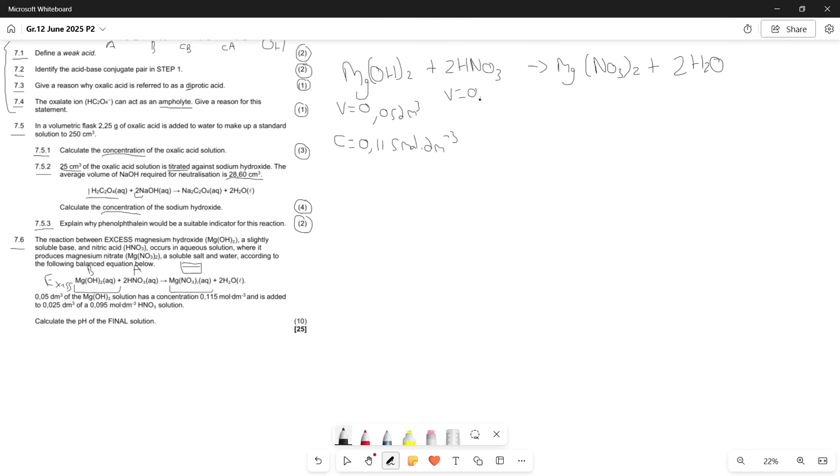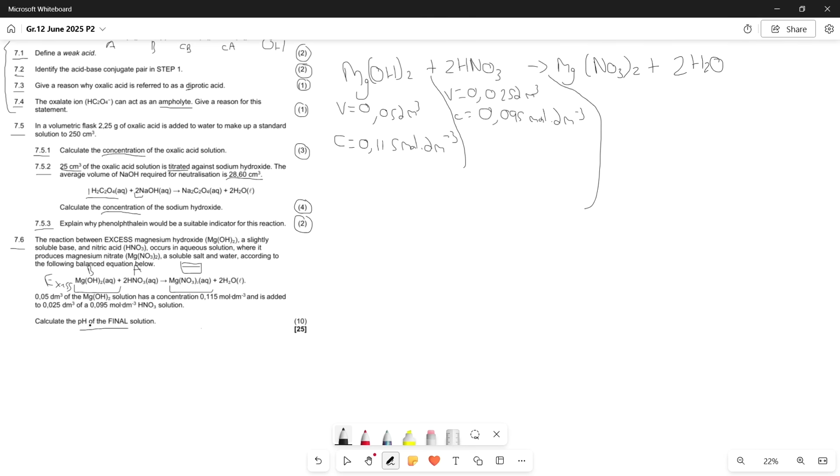So we have 0.025 decimeters cubed over there, and it has a concentration of 0.095 mol.dm^-3 HNO3 solution. So for now we're just working on this left side of our arrow over there, in our reactants.